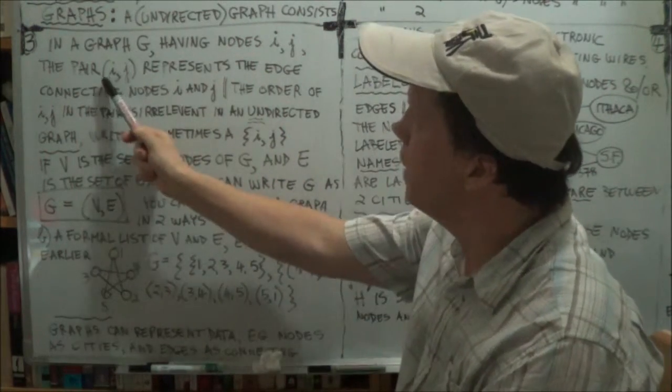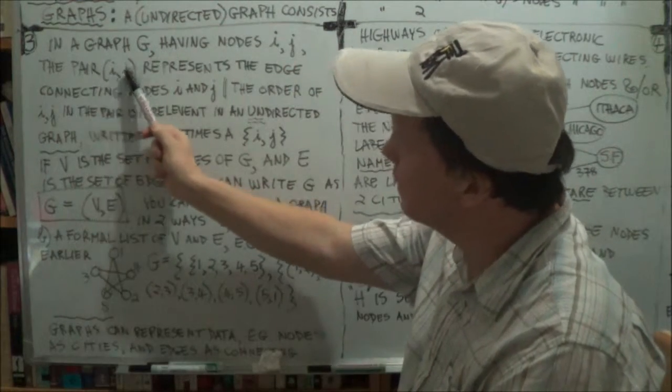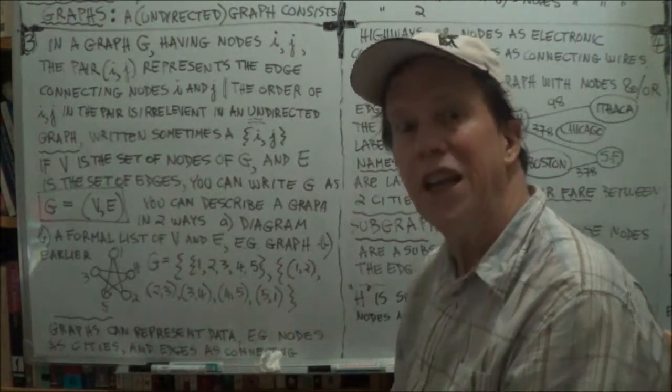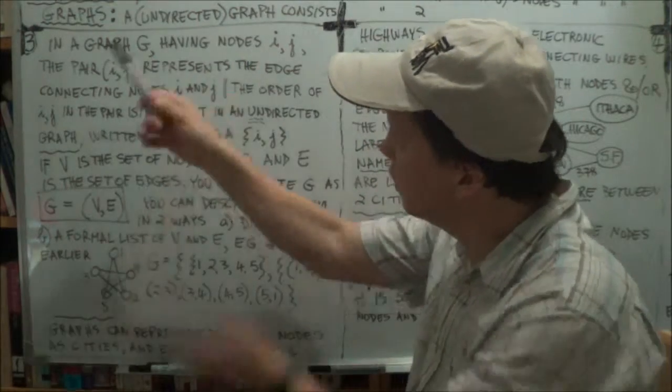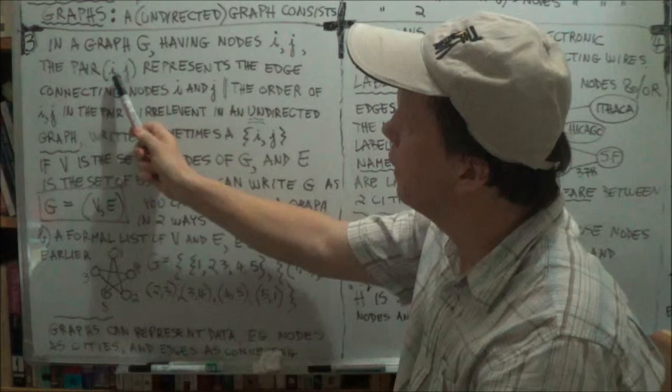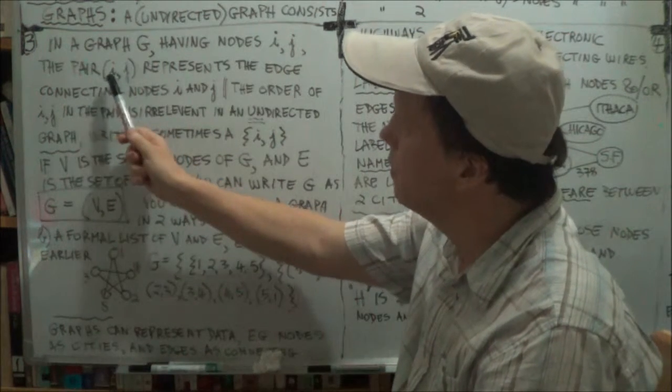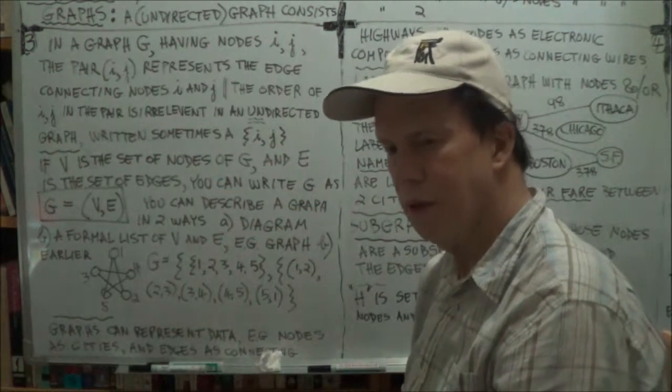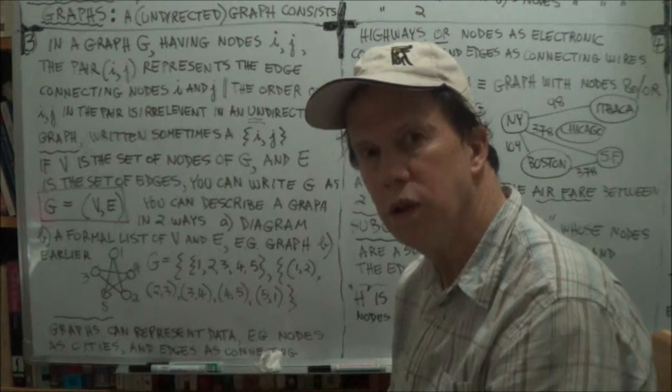So this pair here represents an edge. In the context of graph theory, talking about the graph G, when you see this pair i, j, i and j are the labels of two nodes.